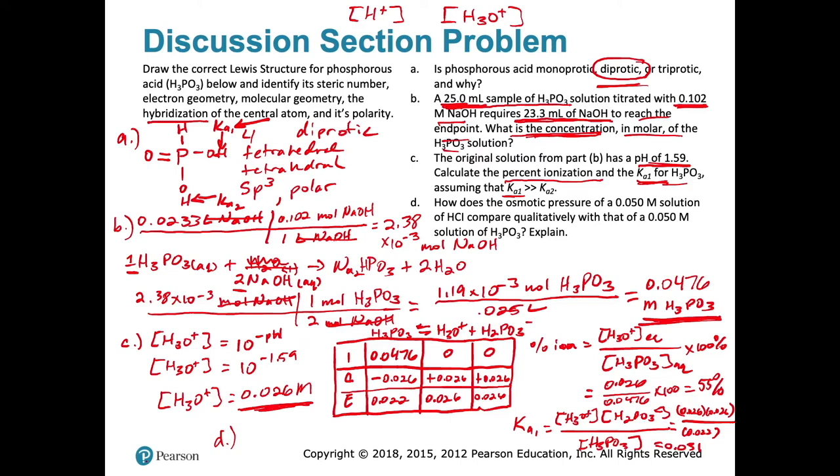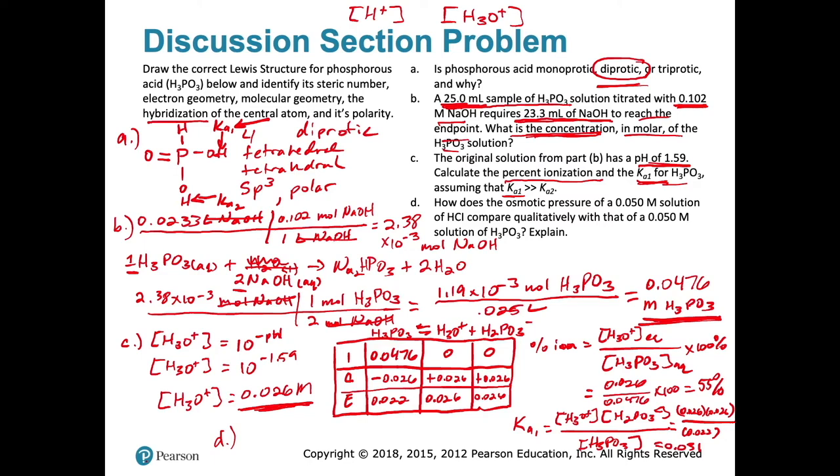But what did I say about hydrochloric acid? What kind of acid is hydrochloric acid? Phosphorus acid is a weak acid, so it only ionizes 55%. Yes, hydrochloric acid is a strong acid. It ionizes 100% of the time, which means the osmotic pressure of hydrochloric acid is going to be way higher than that of phosphorus acid.